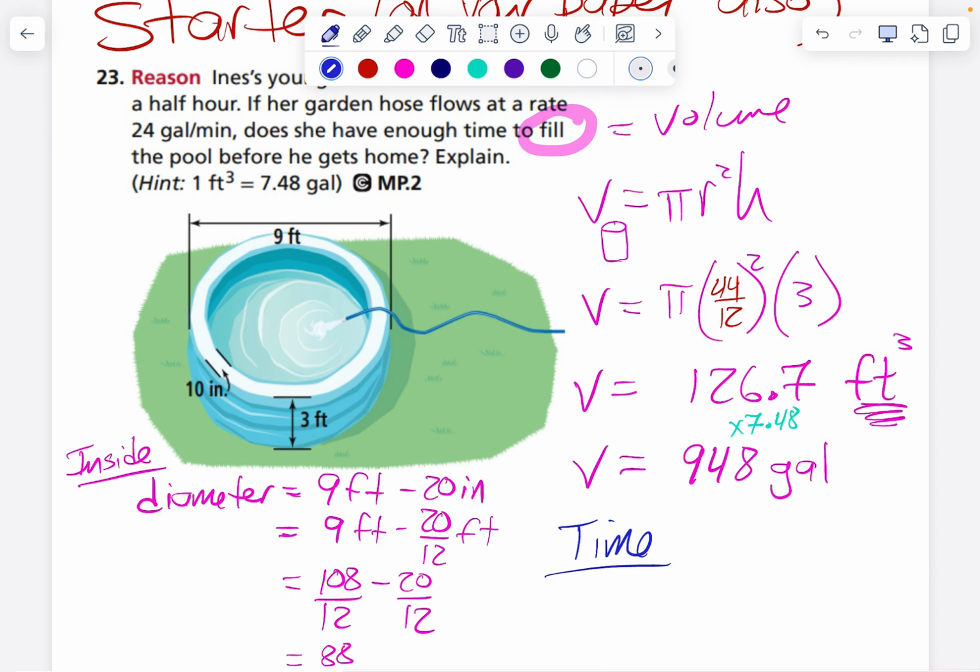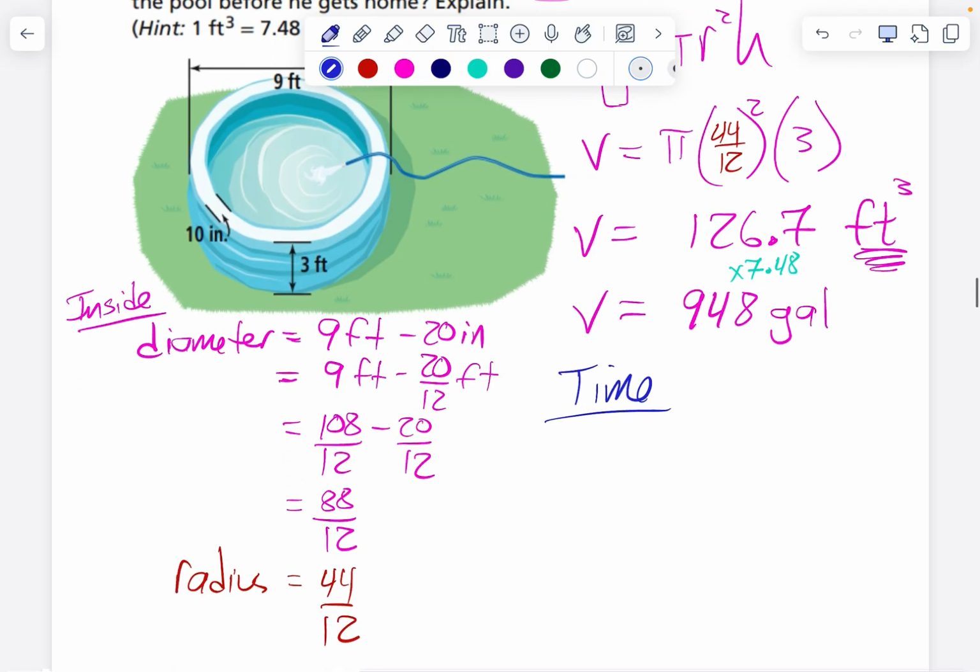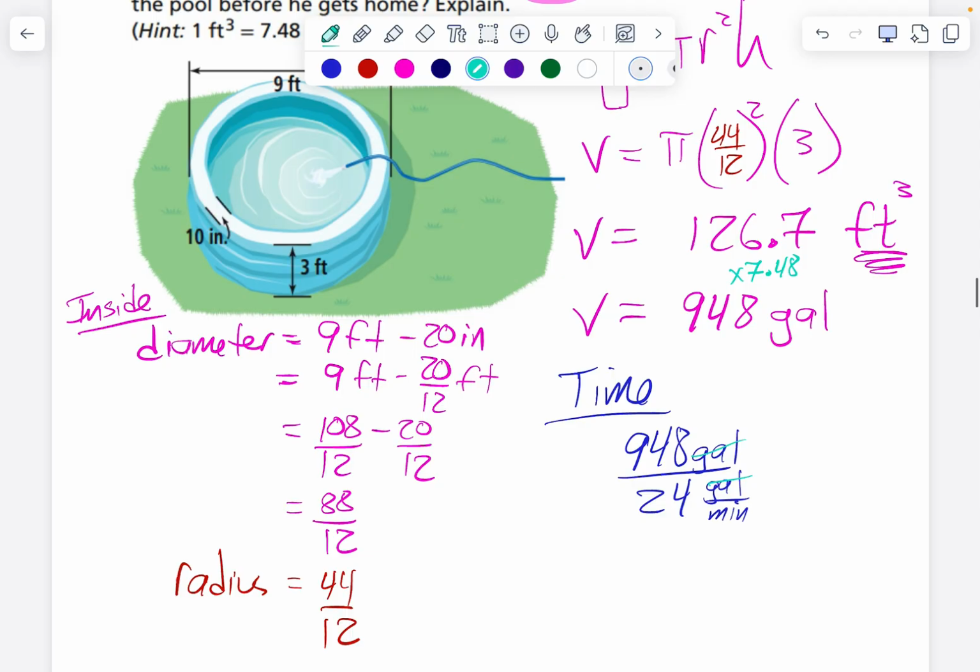But what do we do with the 24? So look, if you look at your unit analysis, the gallons cancel and the minutes come to the numerator.